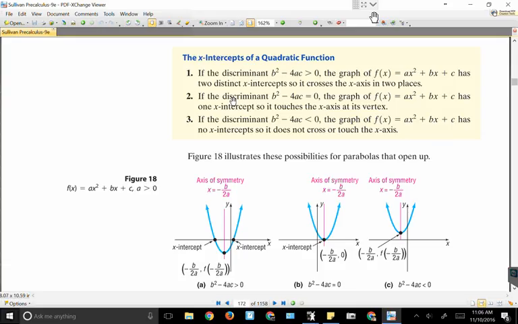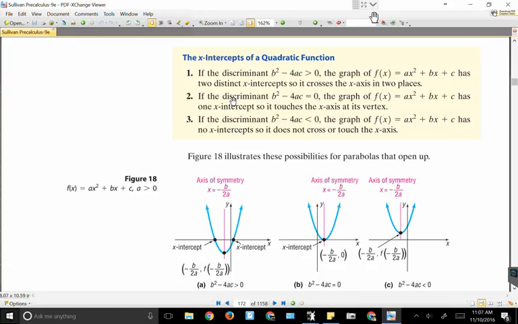No. So another thing that we can use to determine whether or not it even crosses the x-axis is this. If the discriminant, the b squared minus 4ac part, is greater than 0, it will cross twice on the x-axis. If it is equal to 0, it will only hit once.